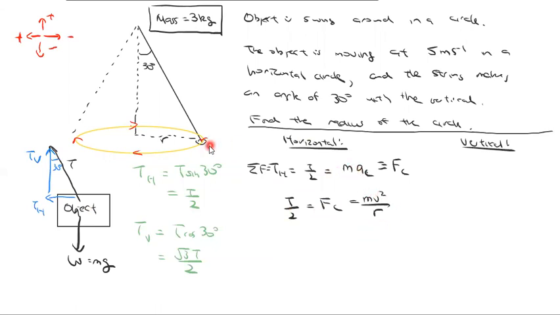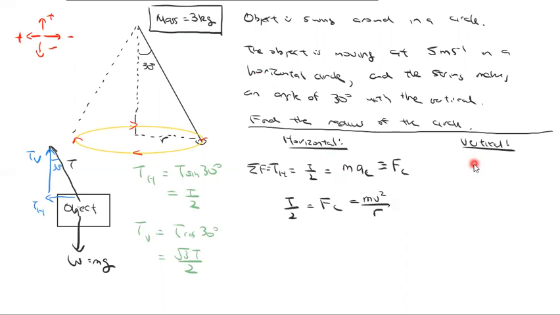The net force must produce the horizontal acceleration, which, because it's going in a circle, must be central acceleration, which means it must be the central force, which is mv squared over r. Now we don't know r and we don't know t, but we'll see in a moment. But we do need to know m, and I should have said that at the start of the question. I just made up 3 kilograms here.